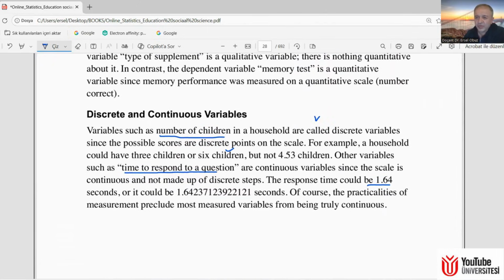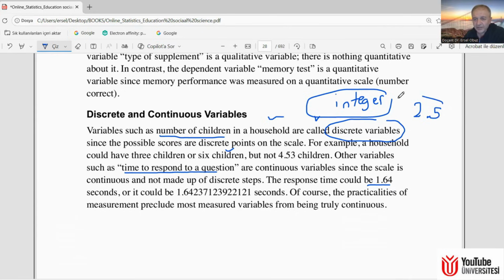Discrete and continuous variables. Like the number of children in a household, it is a discrete variable, so it has to be an integer. You cannot have 2.5 children in a house, right? So discrete variables are numerical and a whole number, an integer.